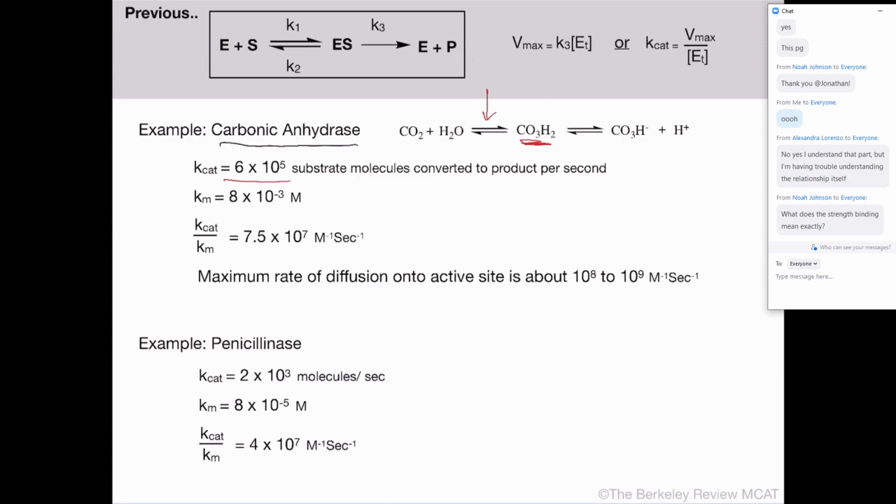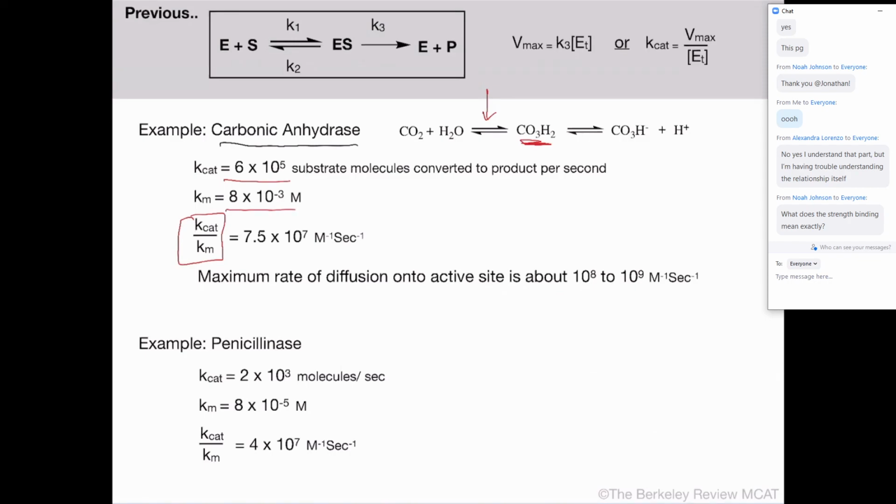And you'll get a Km value of 8 times 10 to the negative 3. If you turn them into your Kcat over Km, you're going to get a number, 7.5 times 10 to the 7 per molar per second.